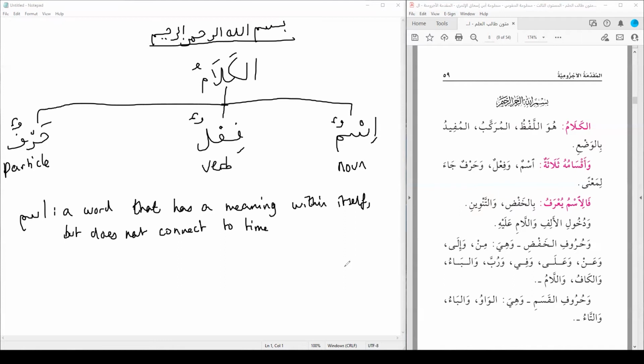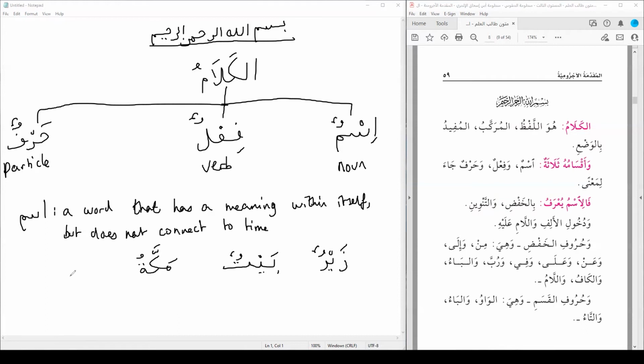An example would be Zaydun, Baytun, Makkatu, etc. So all of these words, Zayd, which is the name of a boy or a man, Bayt, which is a house, and Mecca, which is a city, these are all nouns because they have a meaning within themselves, but they do not connect to time.